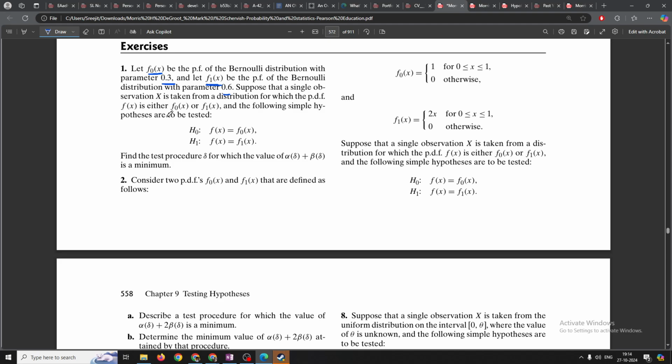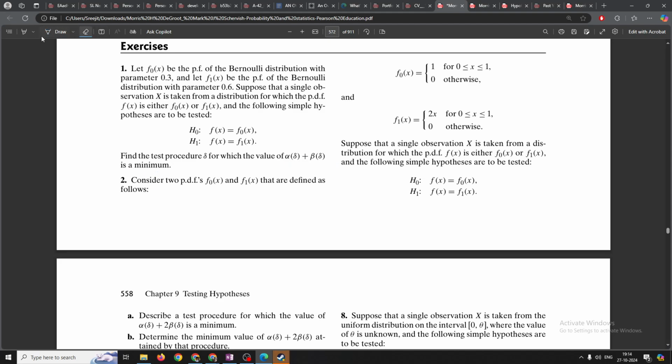Now suppose that a single observation x is taken from a distribution for which the PDF is either this or this, and the following hypothesis is to be tested: h naught is that we have drawn from this particular distribution, the alternative hypothesis is that we have drawn from the other distribution, and I want to come up with a test procedure such that this linear combination is minimum, right?